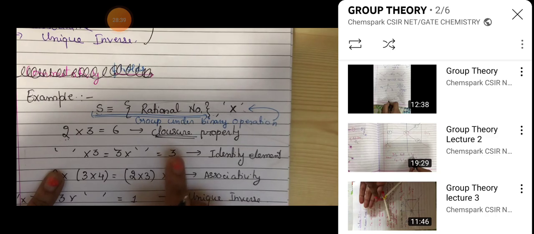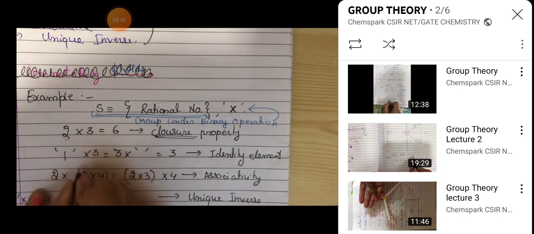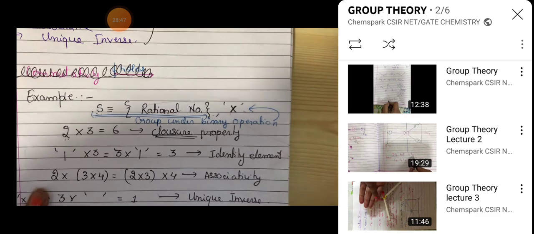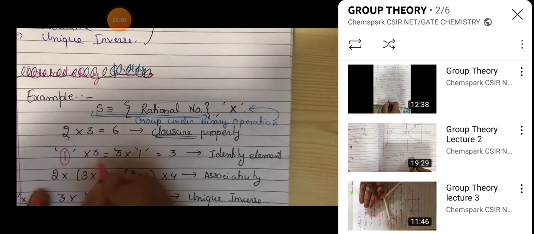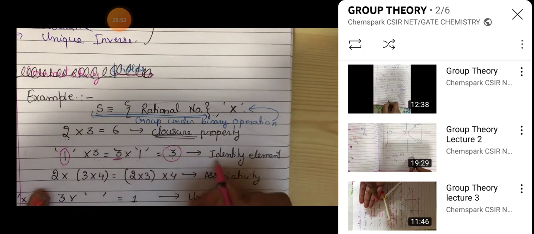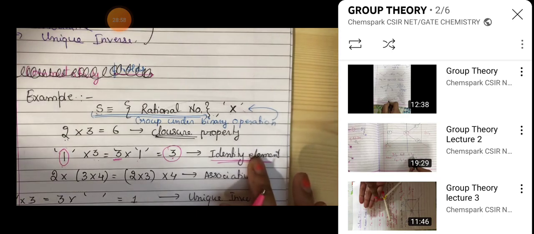This indicates that 1 is an identity element, and the answer is obvious that if I multiply 1 by 3 or 3 by 1, you will get 3. 3 is nothing but the same element, and that is nothing but the identity element. Okay, so this was the second rule.